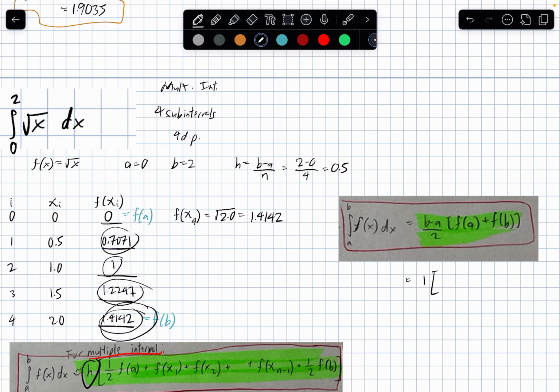Times quantity, f of A being still 0, and f of B, that's gonna be this, no? 1.4142.